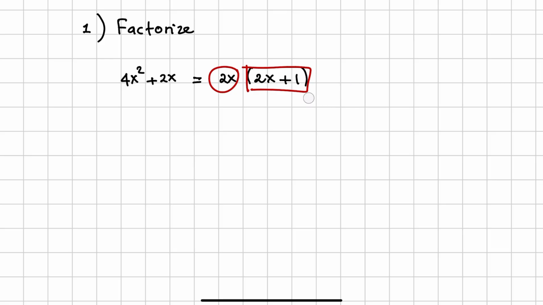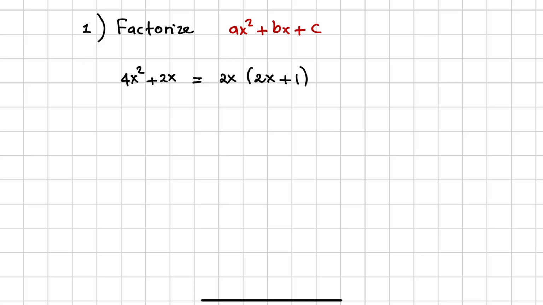In quadratics, the standard form is ax squared plus bx plus c. For example, for x squared plus 2x, it is possible to factorize it.